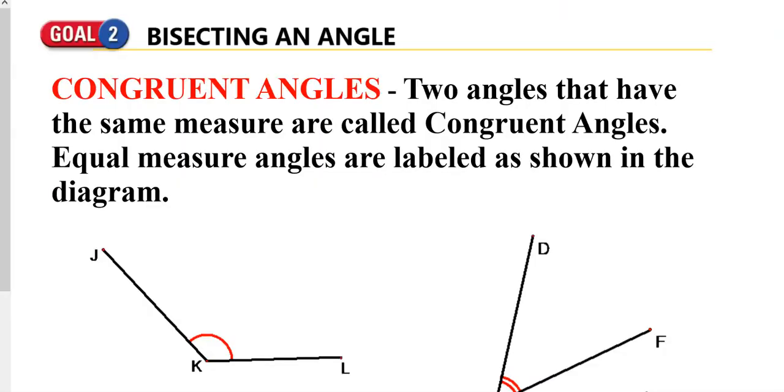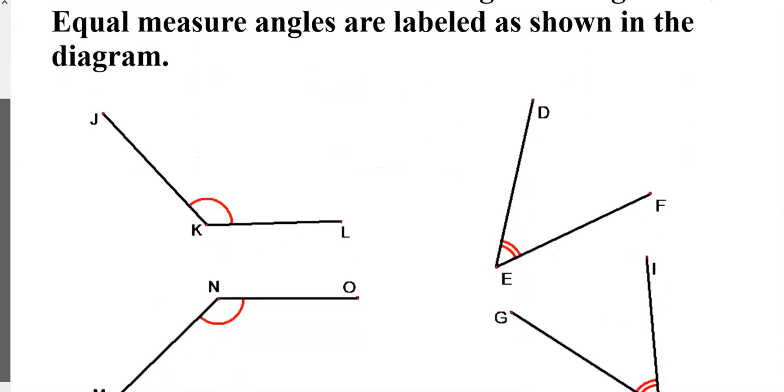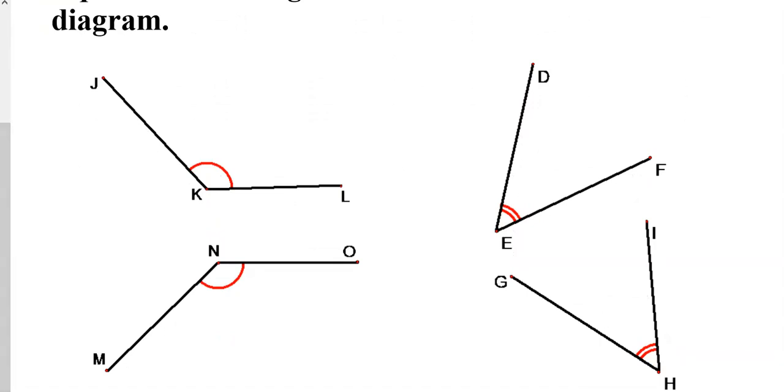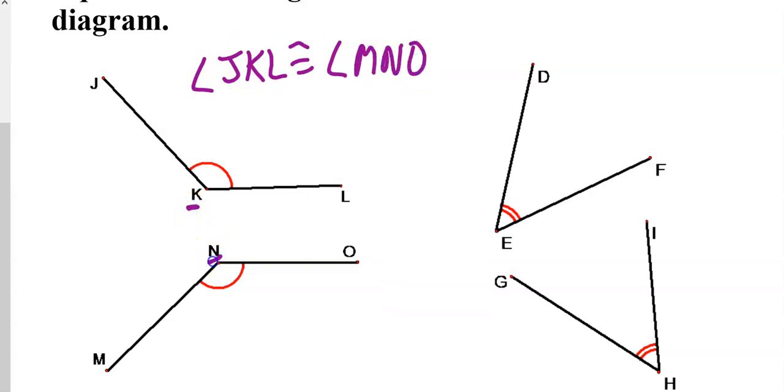So congruent angles. We have congruent angles just like we have congruent segments. So same shape, same measure. How do we mark those angles? Well, again, we use little arcs, and the arcs need to match. So this means these two angles, angle JKL, is congruent to angle MNO. And again, please notice I put the vertex in the middle.